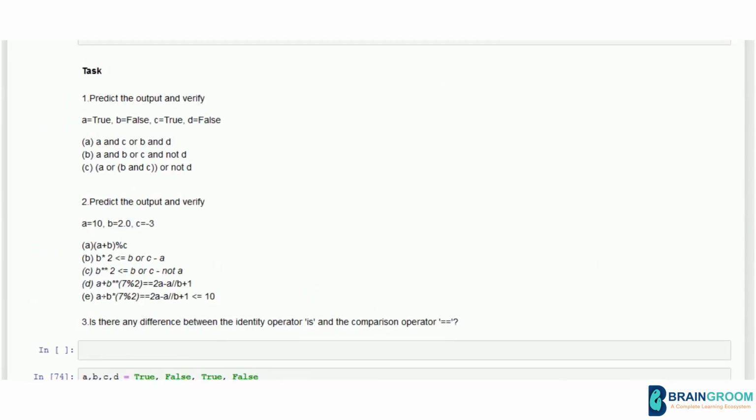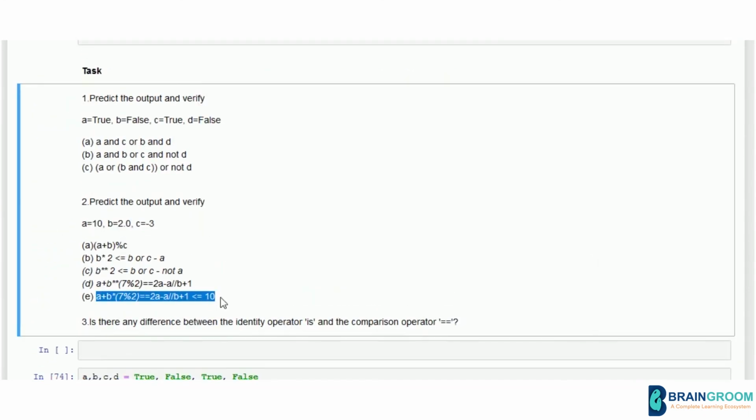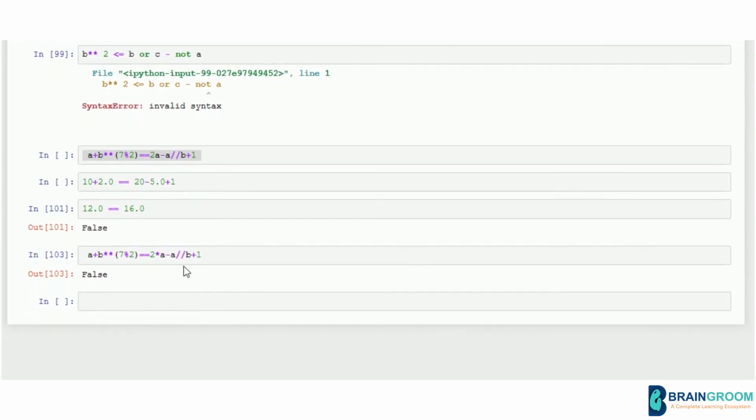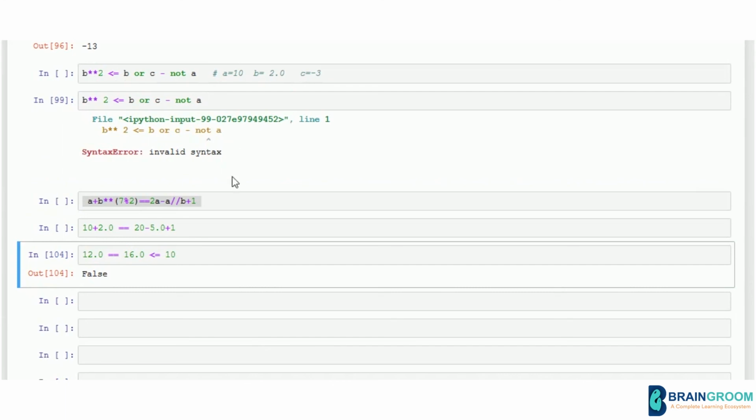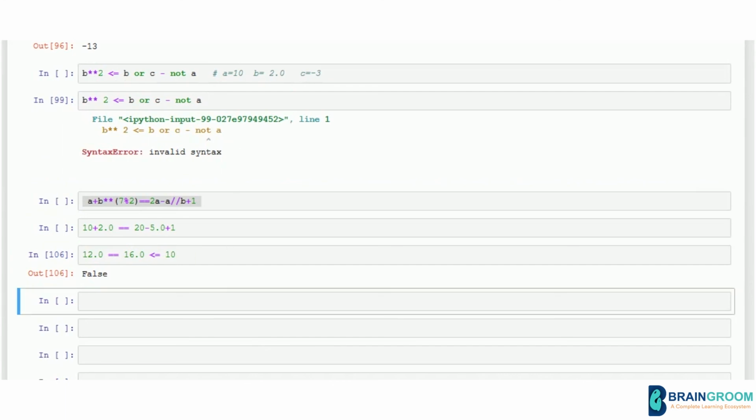And then the last one, if you look at the last one, it is almost the same as this half, and you just have this extra part, right? So all you need to do is take the answer and do this. If I run the output, we know this was false, right?